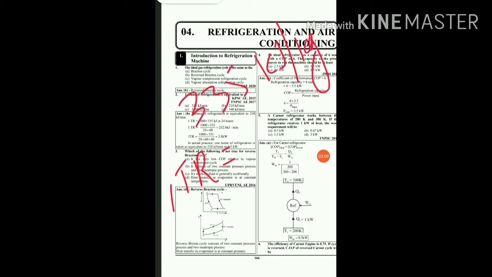So by the definition of ton of refrigeration, it can be written as the amount of heat that is removed from ice at 0 degree Celsius in 24 hours. That is considering 1 ton of ice at 0 degree Celsius, and the latent heat of ice is 335 kilojoule per kg. So this will be divided by 24 into 3600, so that it is converted into kilojoule per second.